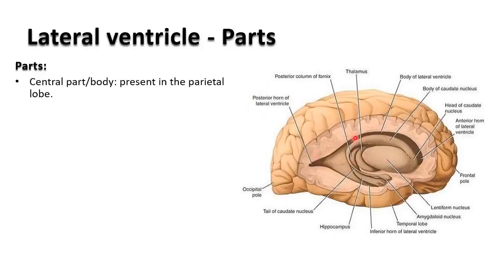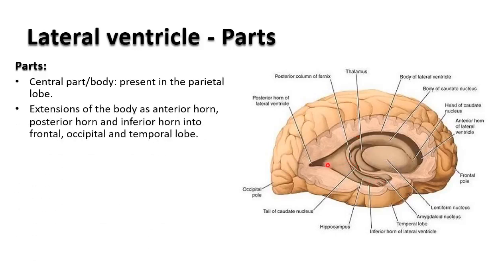Okay, so the central part or body is in the parietal lobe, and you see an extension, the anterior horn, into the frontal lobe, and the posterior horn into the occipital lobe, and the inferior horn. So it is C-shaped with one extension below as the inferior horn, one extension behind as the posterior horn, and one extension forward as the anterior horn.